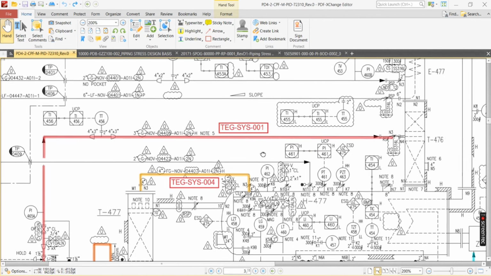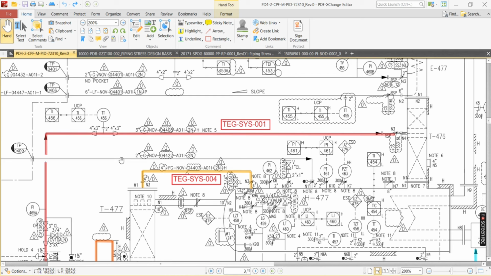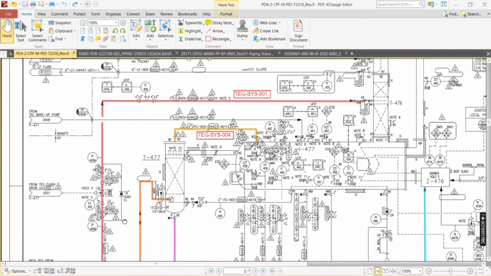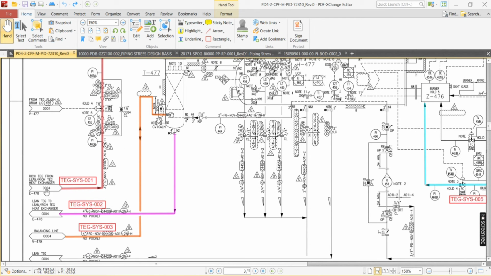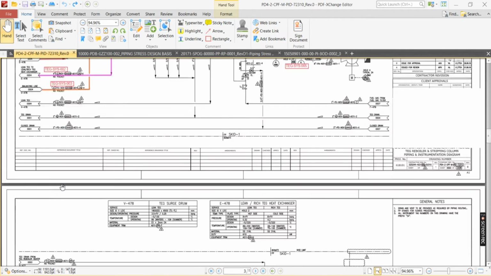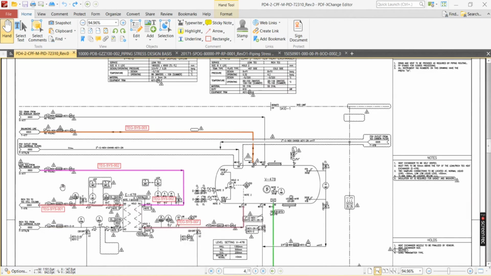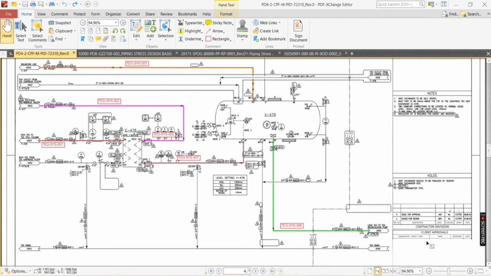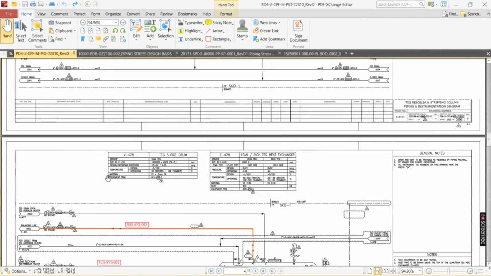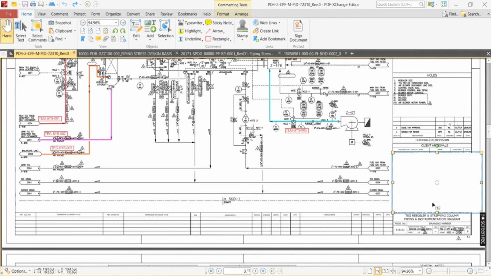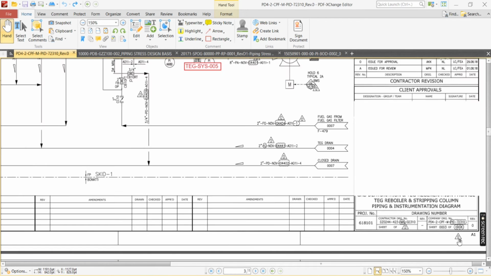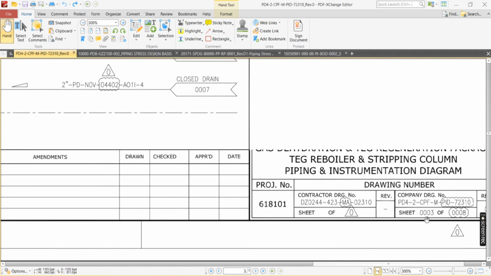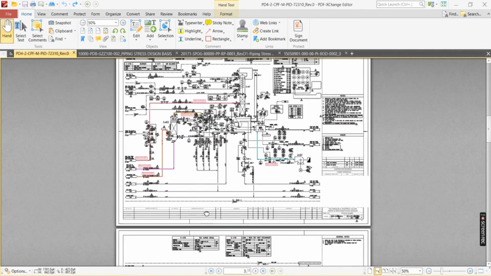Okay, and from this nozzle it is going like this and continuing in some other P&ID, 004. So this is the 004 P&ID and this is sheet 003.